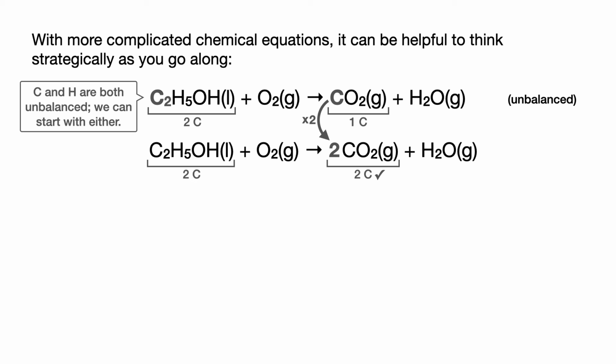So the oxygen was originally balanced and now it's out of whack. Now we've got 3 oxygens on the left and we have a total of 5 on the right. And this is something that will often happen. Oftentimes by balancing one element, you'll knock another one out of kilter.